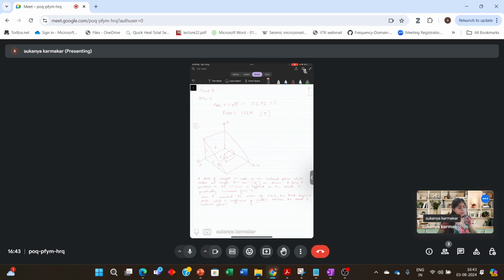You have to find out the coefficient of friction.